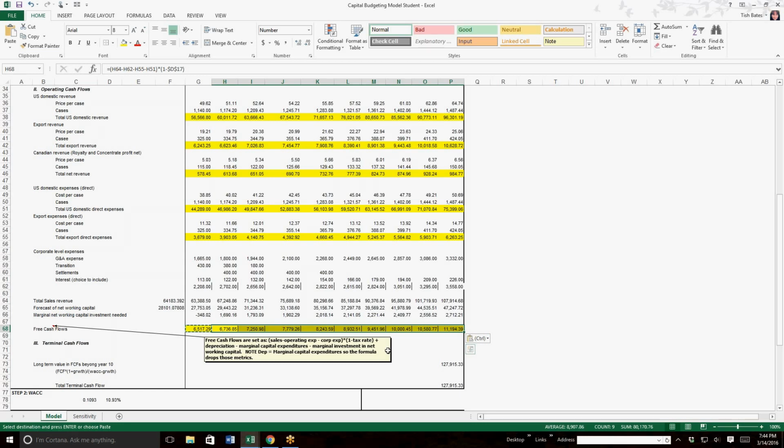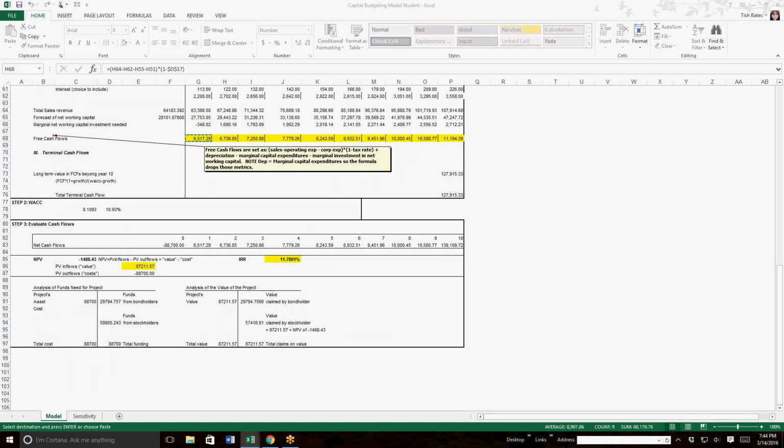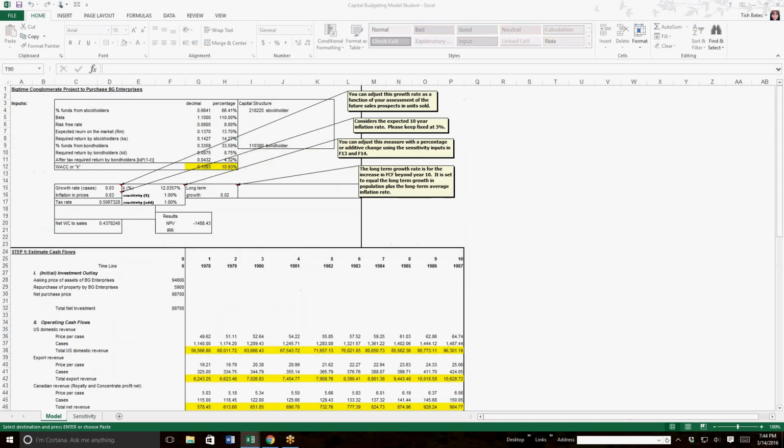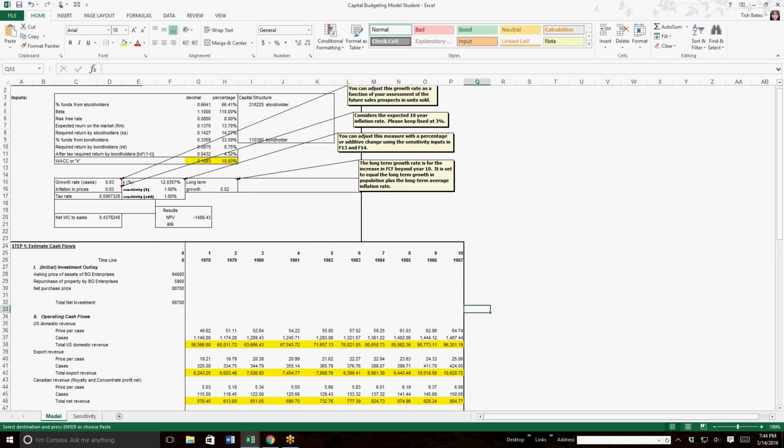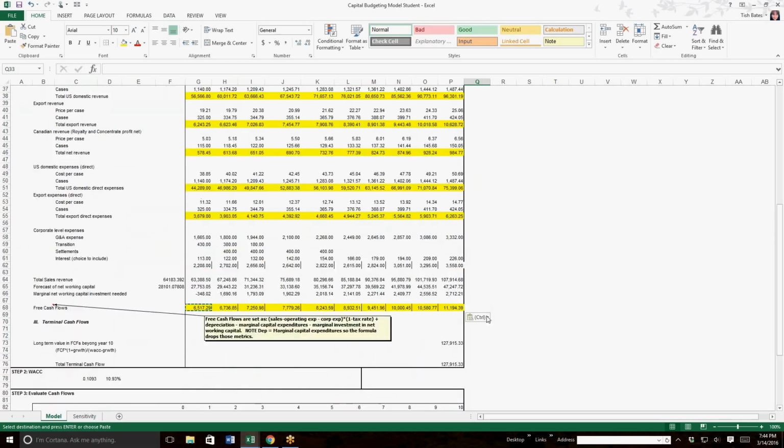Alright, and now my computer's freezing up again. There we go. So then I think it's plug and play. Once you get those formulas in, it's basically just plugging stuff in and seeing what comes out.